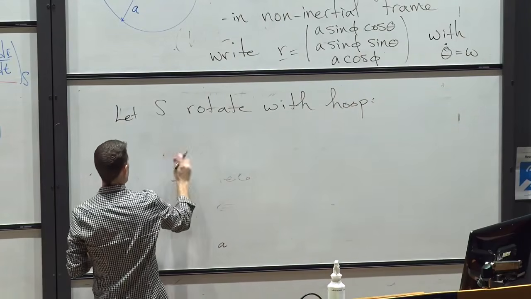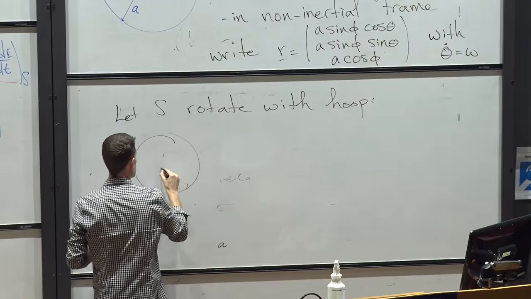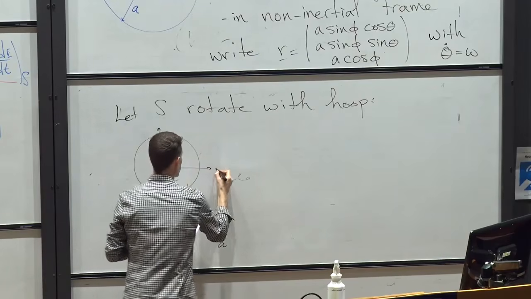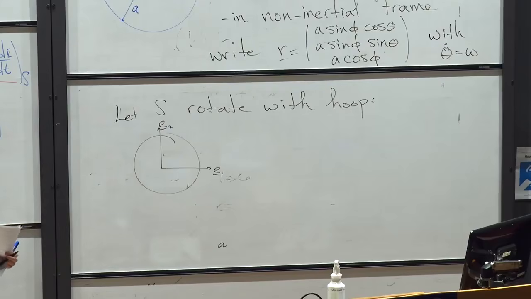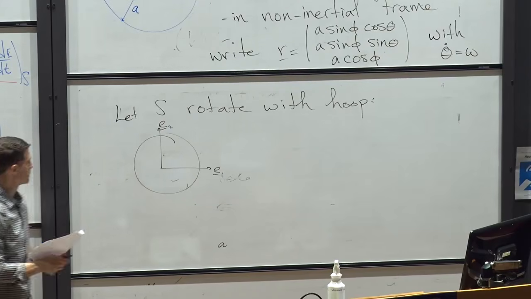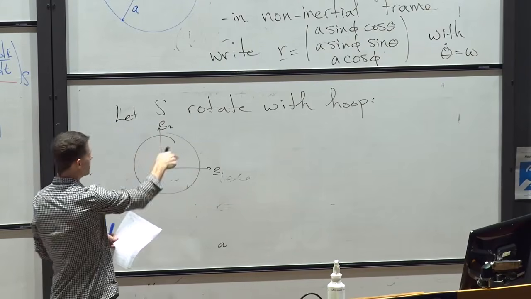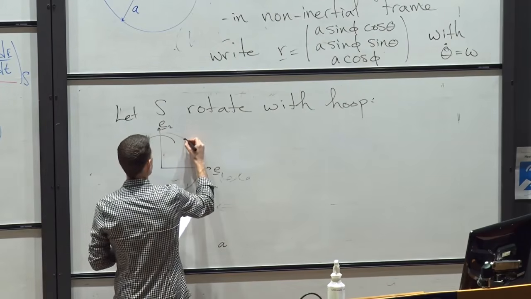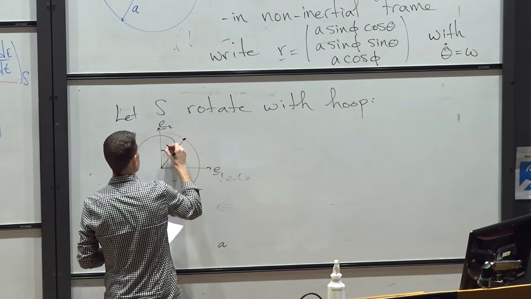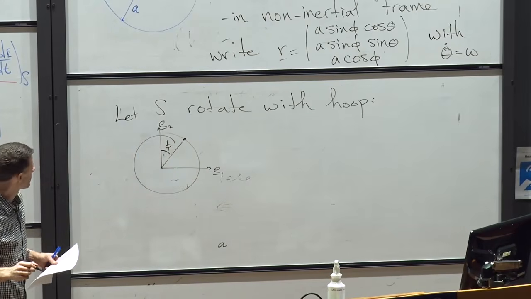So in my S frame, let's call this the E1 direction, and this the E2 direction, and this frame is rotating with the hoop, which means that I don't have two variables to describe the location of the bead, I just have one. I'll put the bead here at an angle, again, phi.